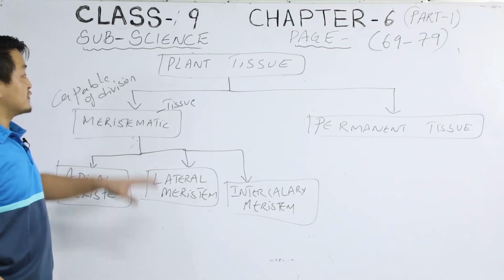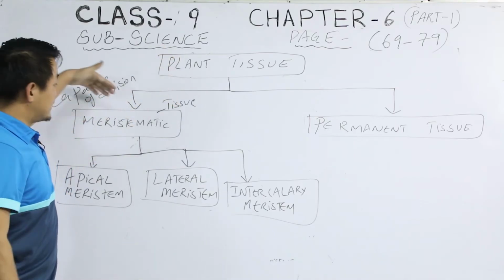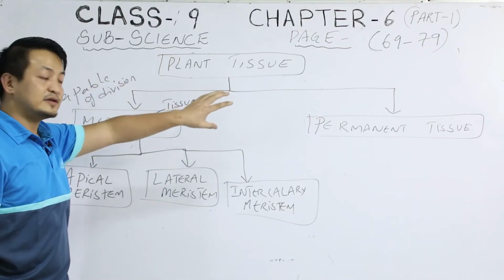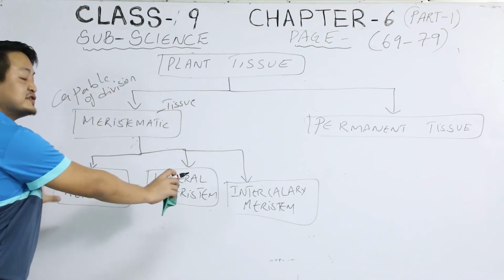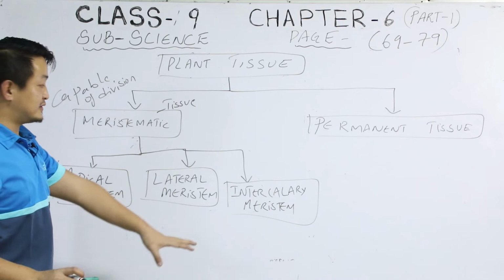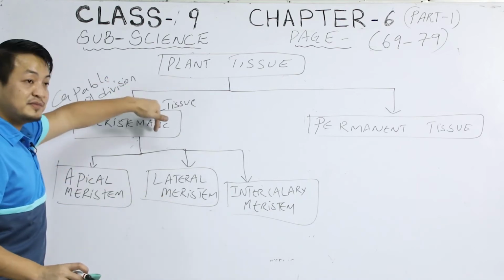Clear? So plant tissue is divided into meristematic and permanent tissue, and under the meristematic tissue we have these three. That is all about the meristematic.